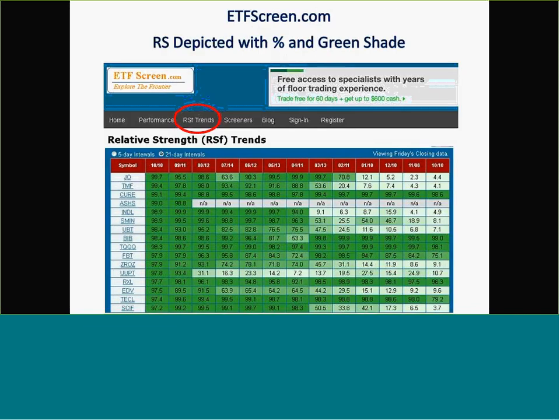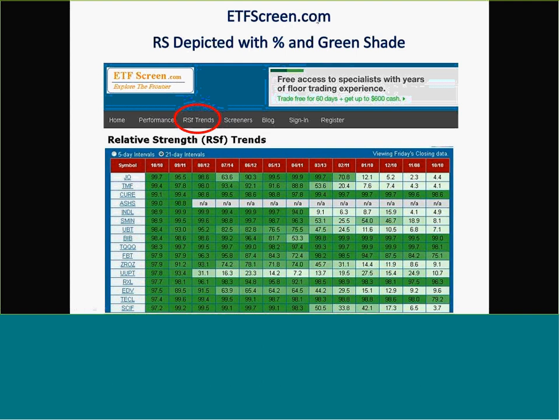So let's take a look at how you can get a quick glance at the relative strength of these various sectors, so you know which sectors to focus on as far as selecting trades. And I like to use a website. It's called etfscreen.com.